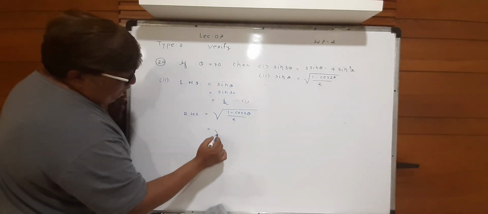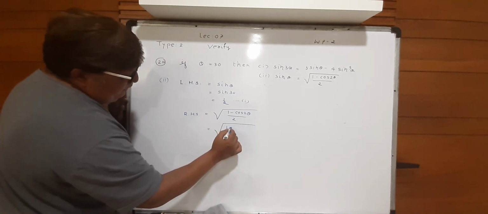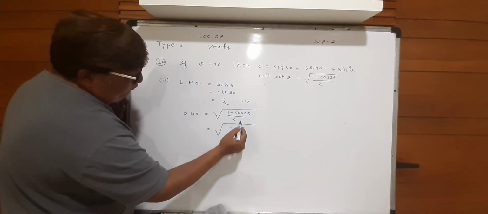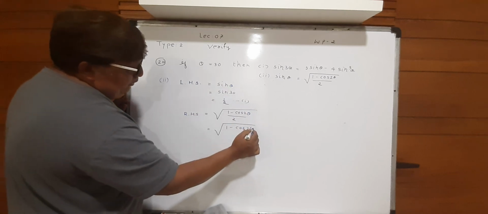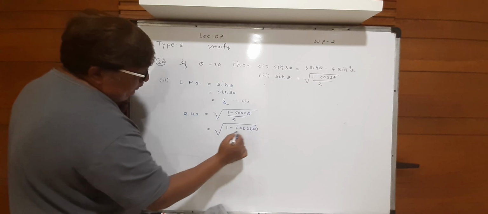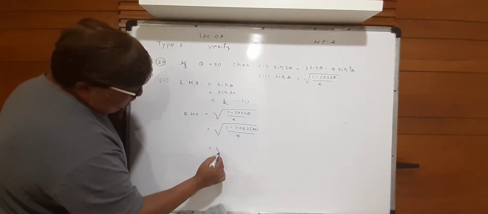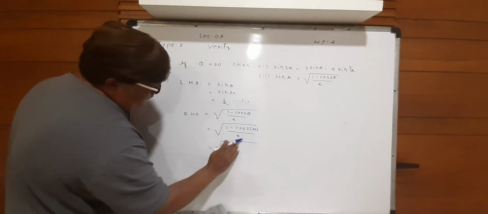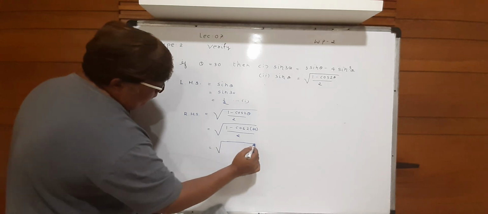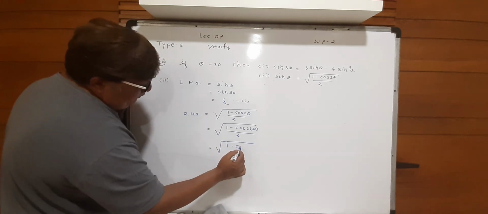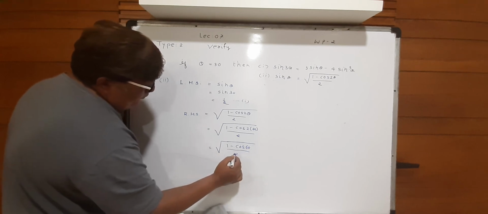Here be very conscious. 1 minus cos, see here, 2 into value of theta, that is 30, upon 2. Now this is under root, just see it now. This is 1 minus cos 2 into 30 is 60 upon 2.